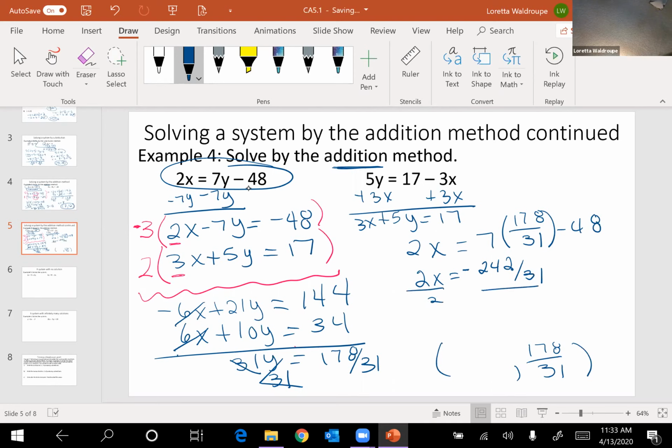Divide both sides by 2, and I get negative 121 over 31. I believe, and don't quote me on this, that I tried in my math lab not to give you any fractions, okay?